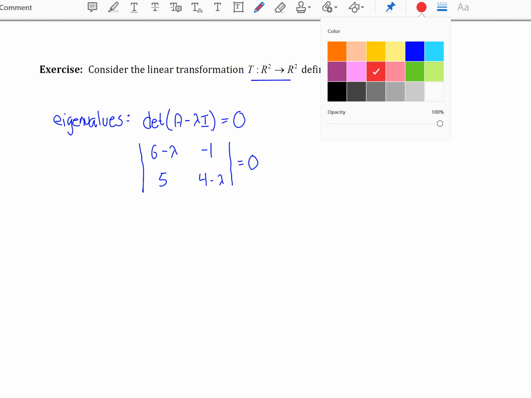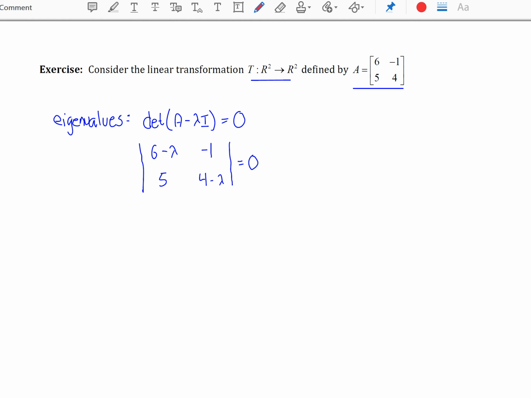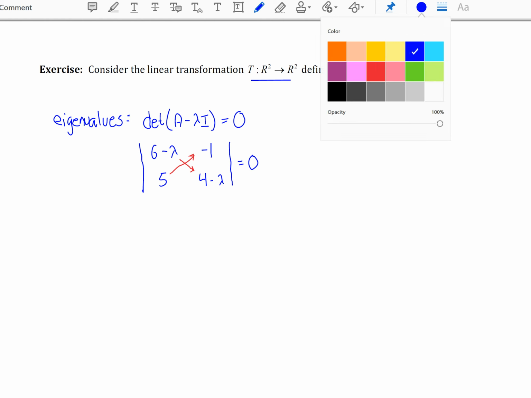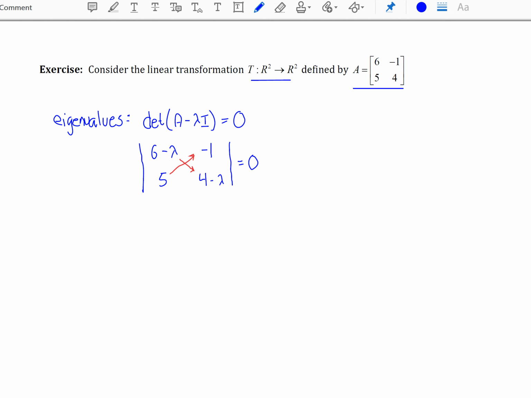And for a 2 by 2 matrix, we use the fact that the determinant is going to be the product of the main diagonal minus the product of the off diagonal. Notice that this is going to be 6 minus lambda times 4 minus lambda minus a negative 5. And if we multiply this out, I think we get 24.